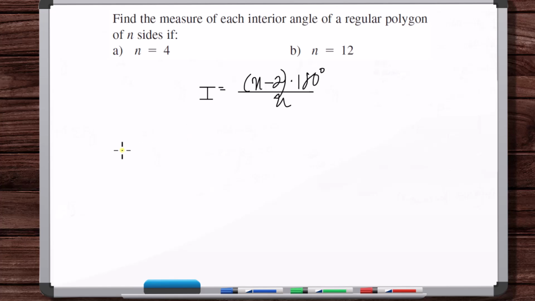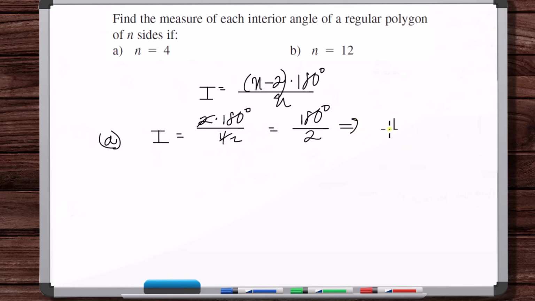And that's it. So, if n is equal to 4, you've got 4 minus 2 is 2. So 180 times 2 divided by 4, and you get I is equal to 90 degrees. Each interior angle measures 90 degrees.